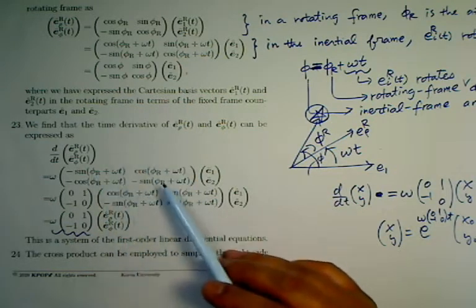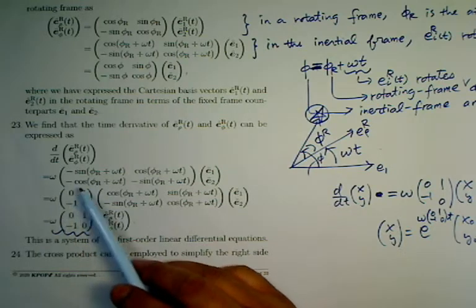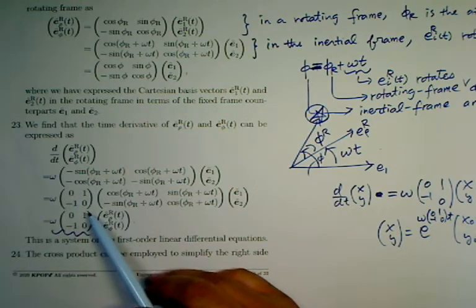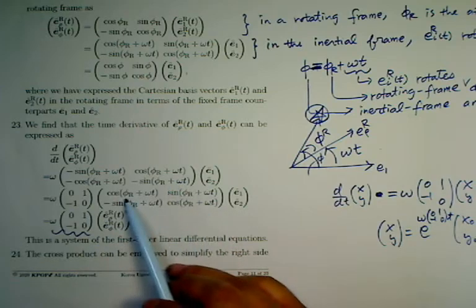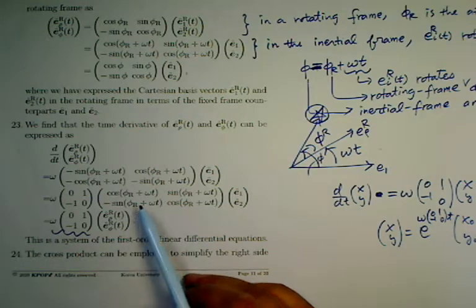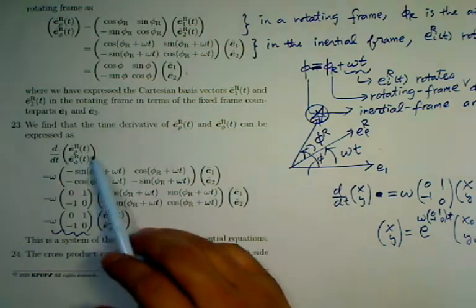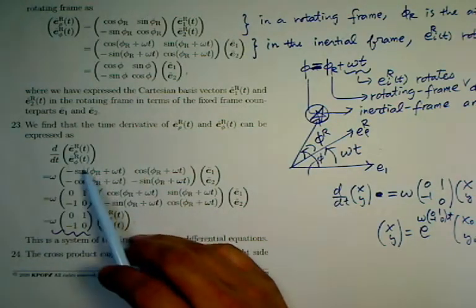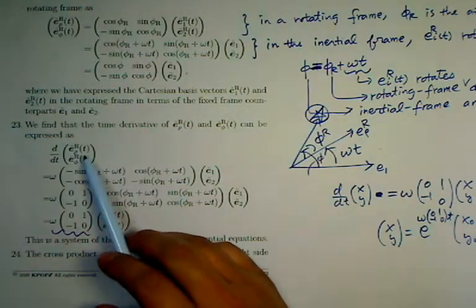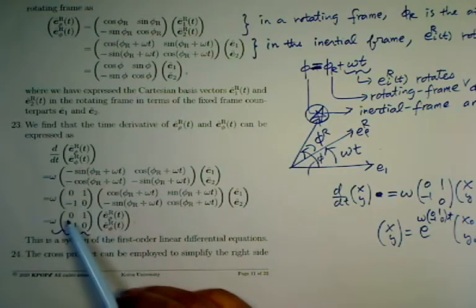And this can be obtained by multiplying this traceless anti-symmetric matrix to the original matrix. And this is actually this value. So the time derivative shows that rho has a contribution in the phi direction. Phi has a contribution in the rho direction with a negative sign.